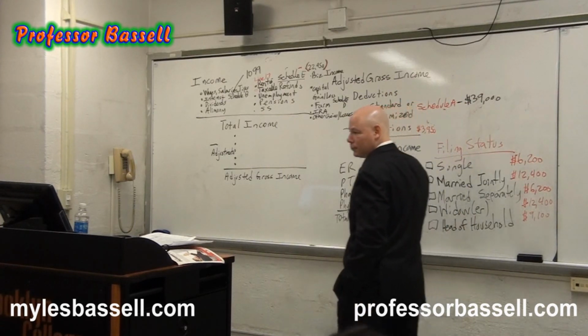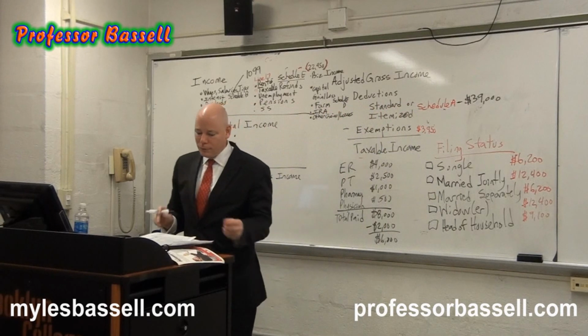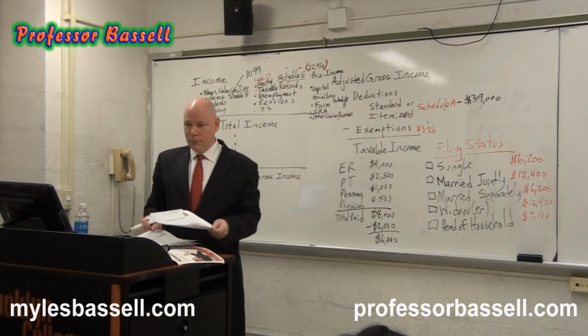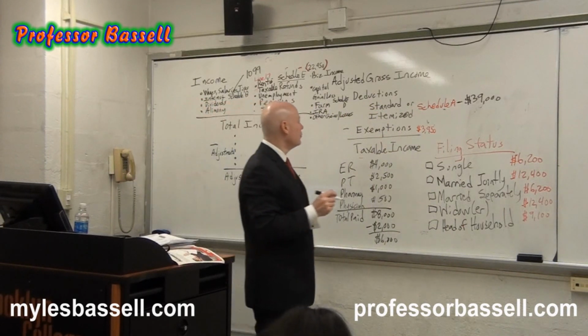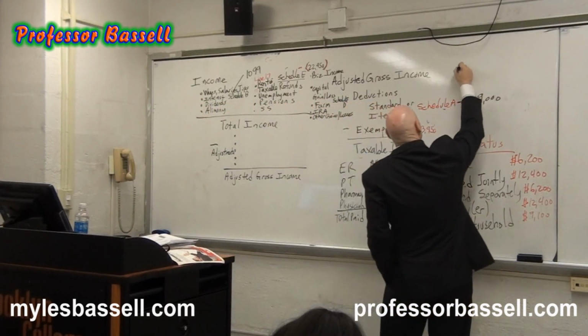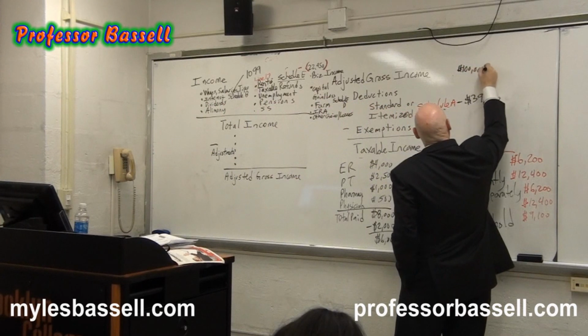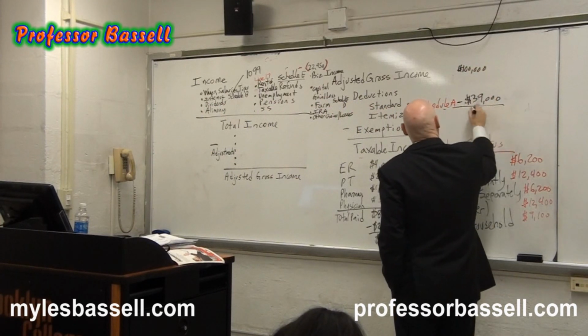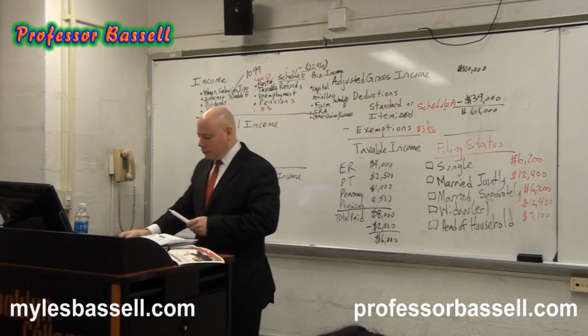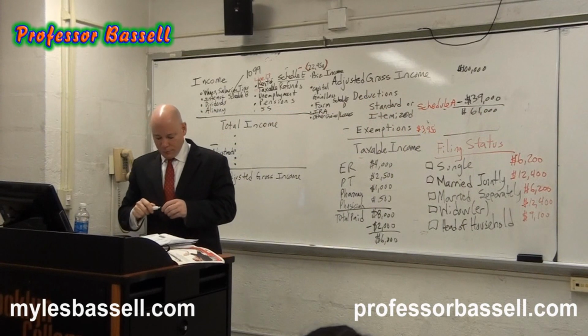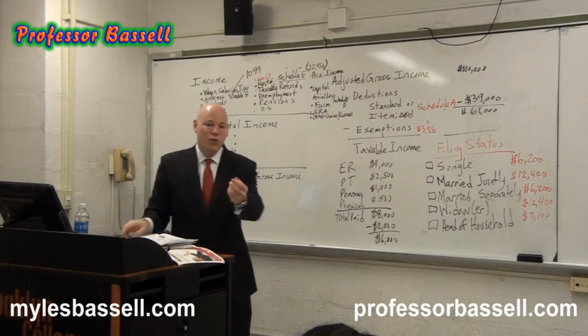Well, AGI is 100,000. And then we still have our exemptions. Questions?